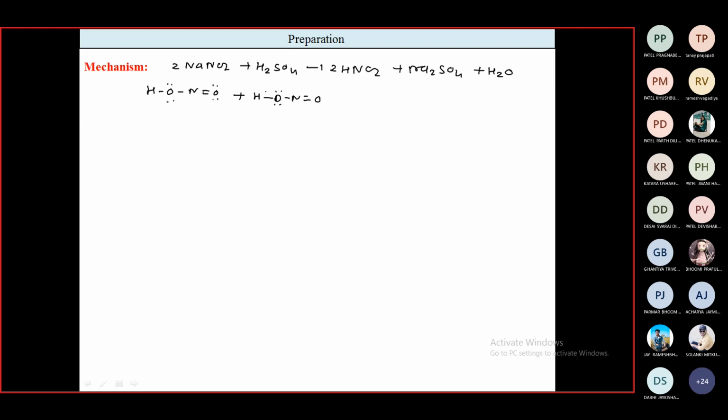A proton is removed from here and OH from here, so ultimately a water molecule gets removed, one as OH minus and the other as H plus. You get NO plus here and NO2 minus.